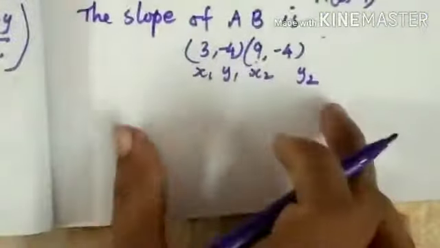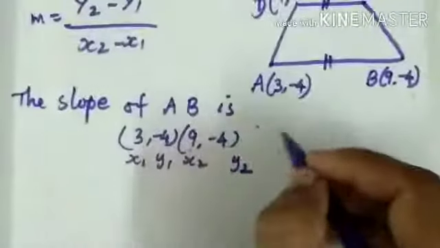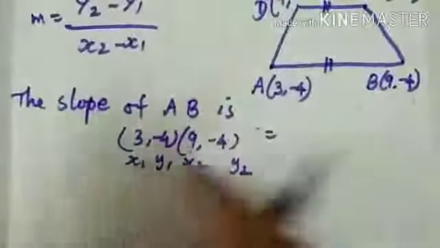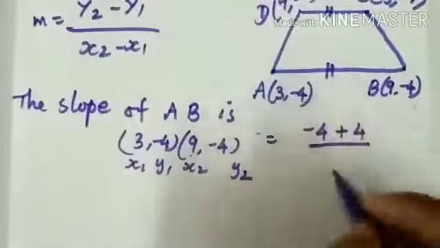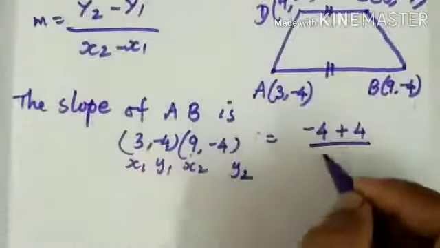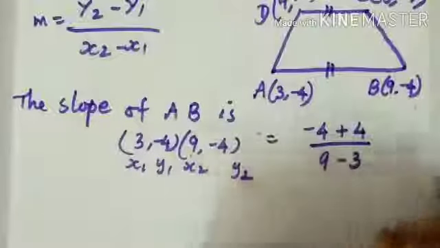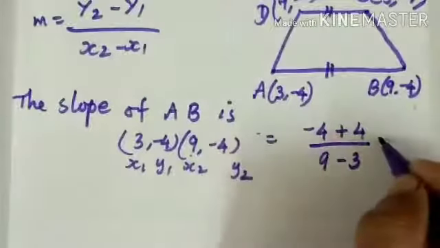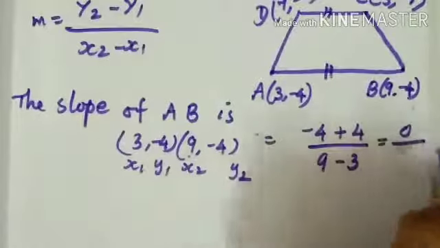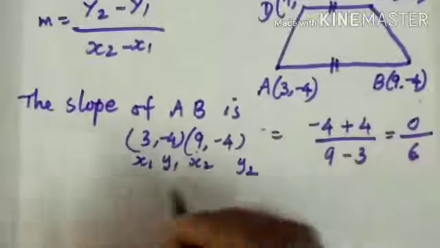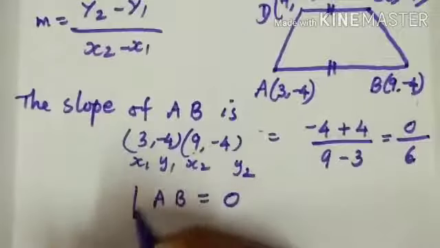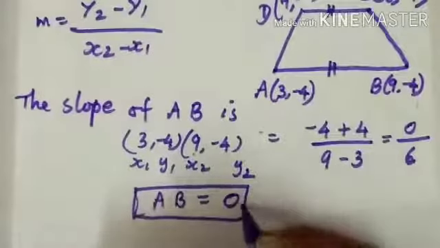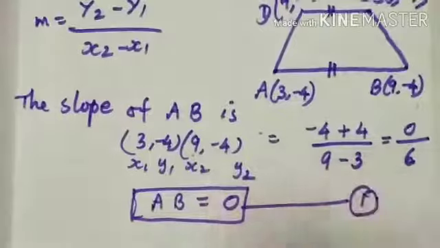Now you have to apply these points in the formula, means we get y2 minus y1, minus 4 minus into minus plus 4 by x2 minus x1, 9 minus 3. You have to simplify this, means we get 0 by 6. Therefore, slope of AB is equal to 0. This one you take number 1.